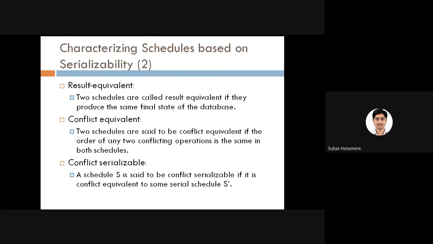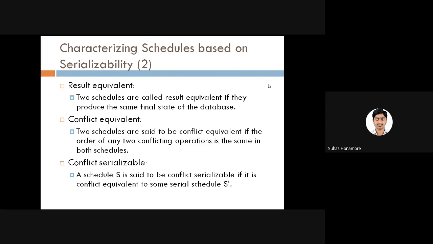Each schedule has transactions. Consider a schedule S1 and a schedule S2. S1 contains two transactions, T1 and T2. If S2 contained T3 and T4, then when we say two things are equivalent, we would not take different transactions. So in S2 we again take T1 and T2.